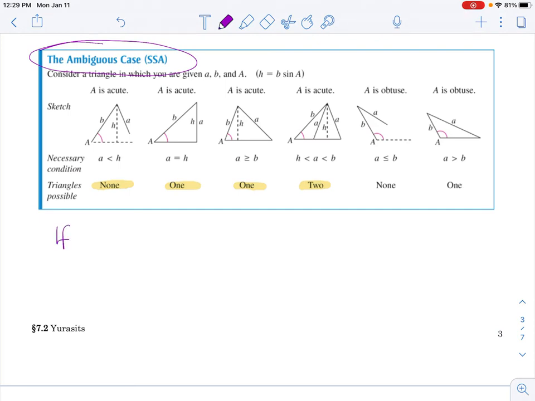So if it is SSA, that's also known as the ambiguous case, you can have 0, 1, or 2 triangles. Now, how to determine if it's 0, 1, or 2 is all about the relationship of the two sides given and the angle.